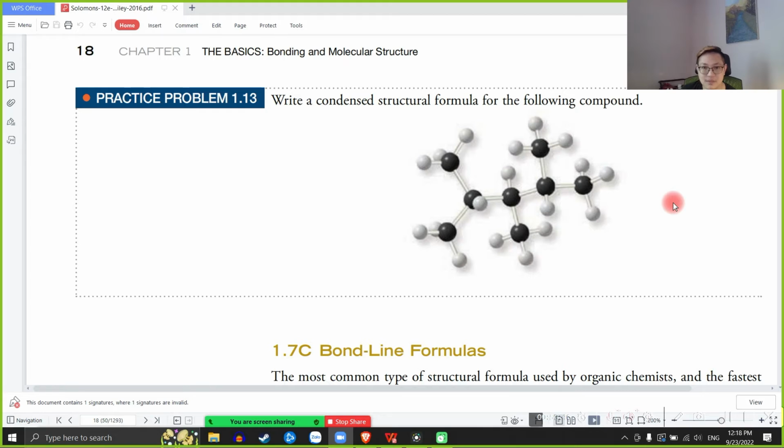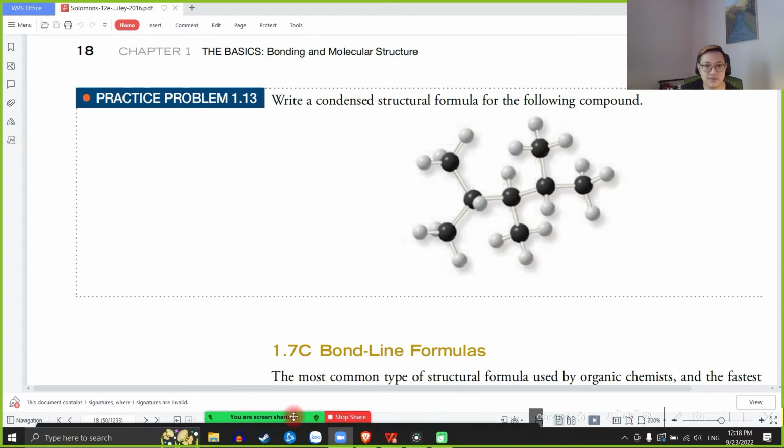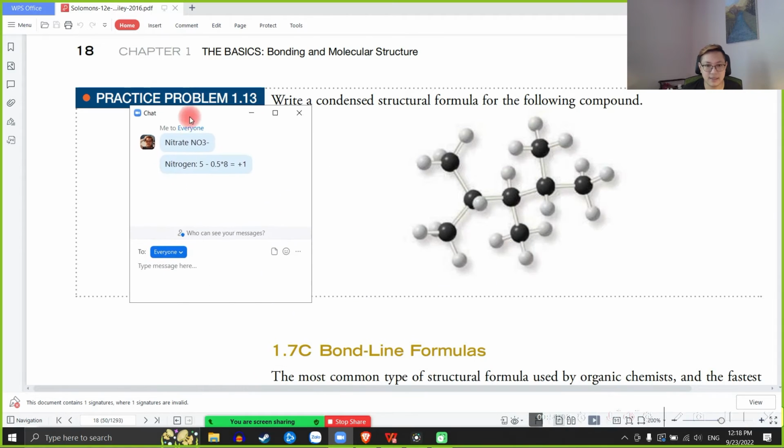Actually, there are CH3 here and CH3 there as well, and CH3 here as well. So you can write simply like this. Open the bracket, CH3, close the bracket, 2 times, and then here, 1, 2, 3.